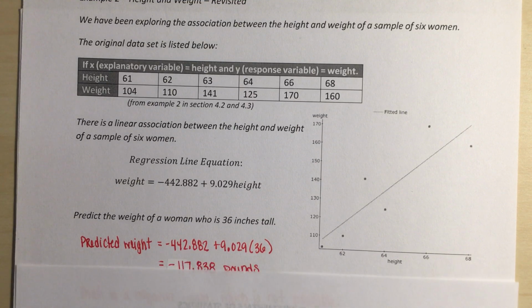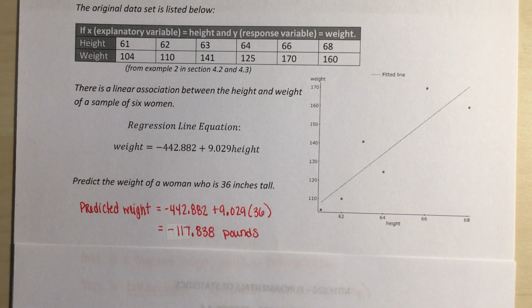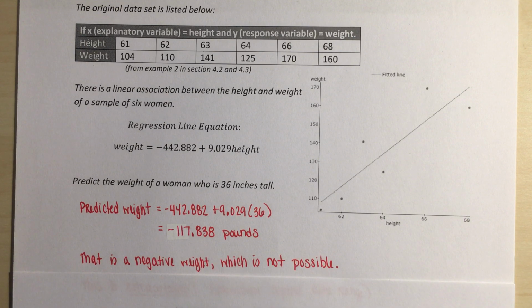If we plug this into a calculator, we get a predicted weight of negative 117.838 pounds. Last time I checked, it was impossible to have a negative weight. So we know that this is not going to be an accurate prediction. This is a negative weight, which is definitely not possible.